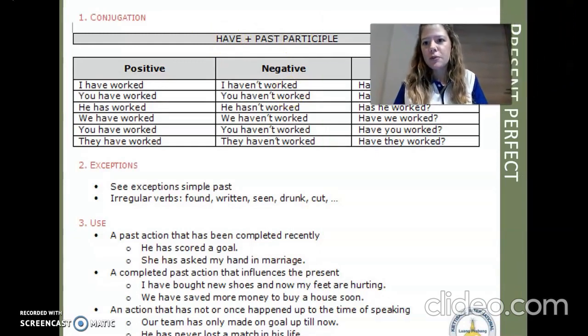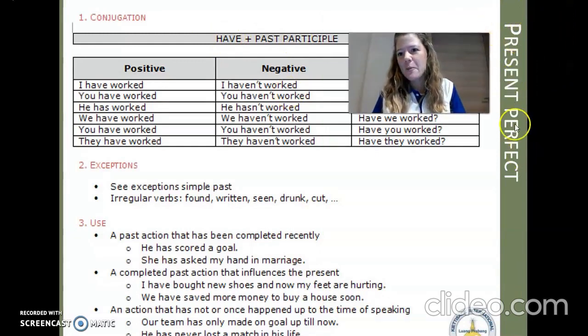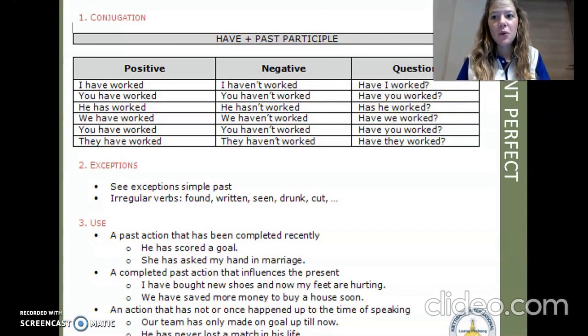Let me show you because I am definitely in the way. So present perfect. And as said before, this is all about have plus the past participle. I have worked, you have worked. I haven't worked, you haven't worked. One important thing with the present perfect is the have does change.